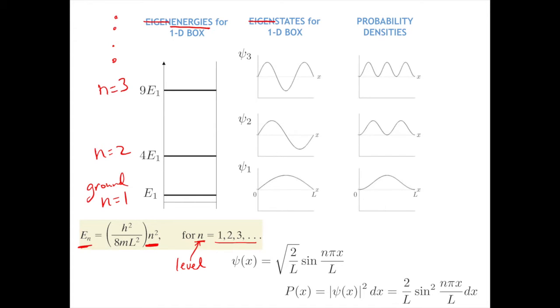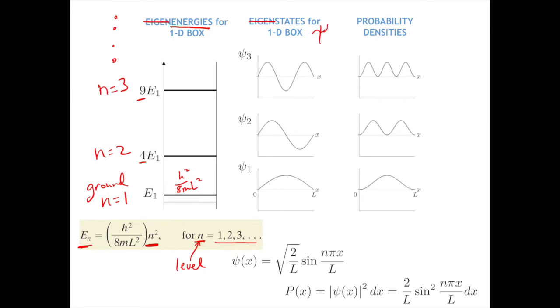So for higher levels, the energy grows with a square. So your lowest energy is going to be the ground state, and then your higher energies are squares of that, right? 2 squared, 3 squared. And then E1 equals h squared over 8mL squared, where L is the size of the box, m is the mass of the particle, and h is Planck's constant.